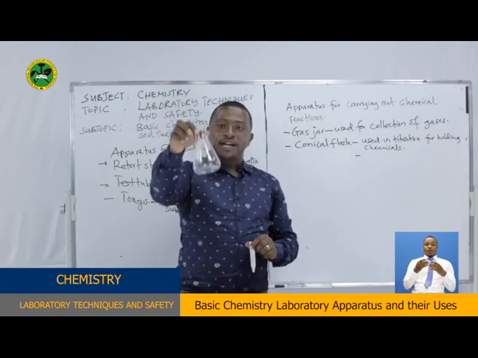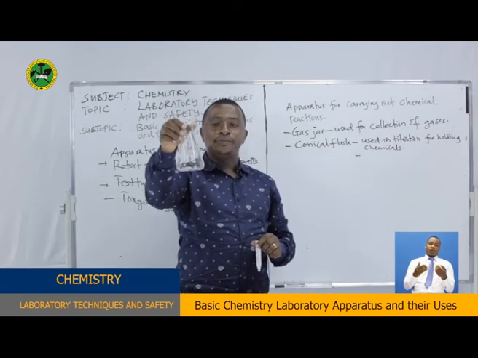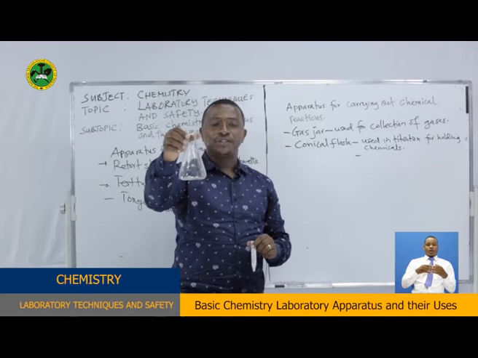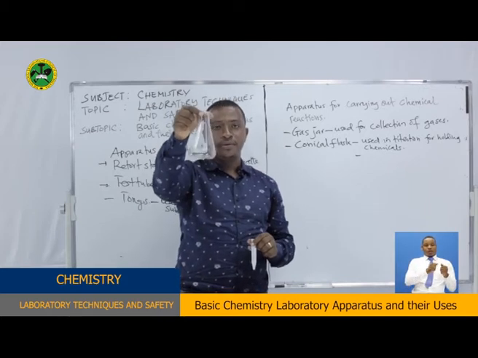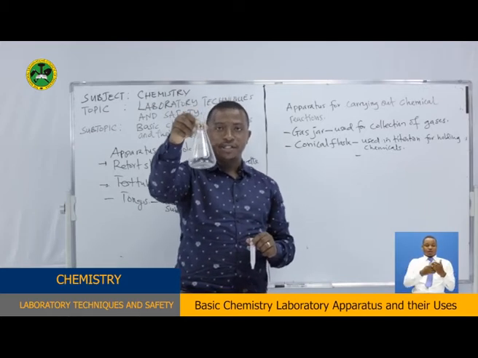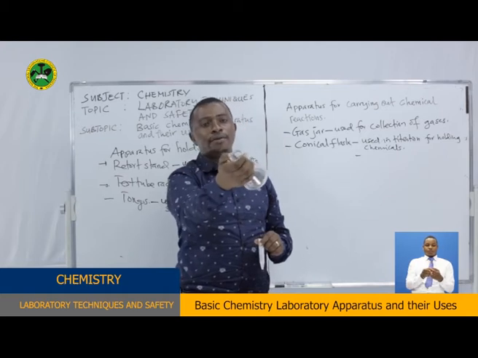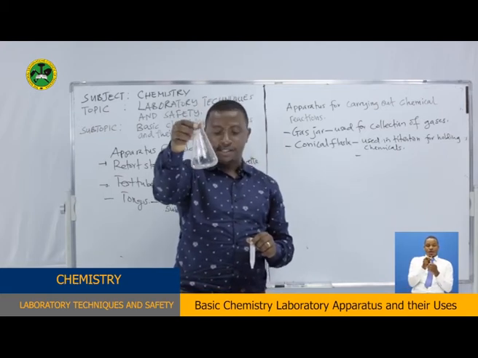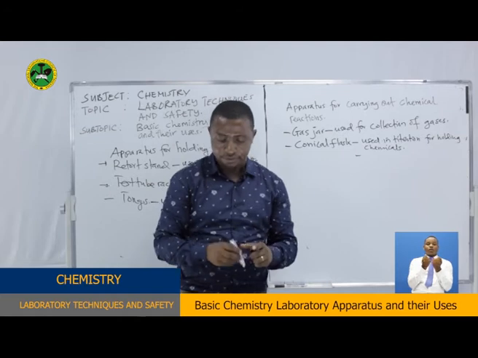Also, a conical flask can be used in carrying out some chemical reactions. Some chemical reactions can be conducted within the conical flask. You can see it has a narrow mouth, and it is made of glass. It is a glassware material.